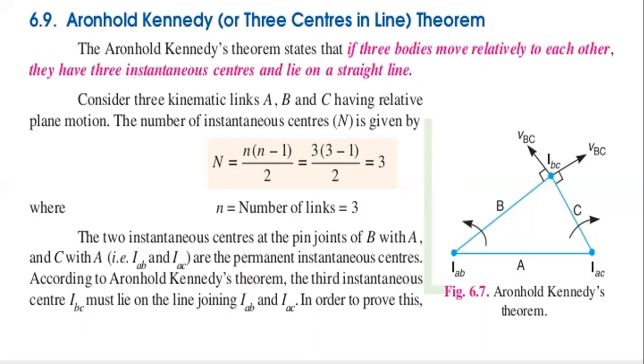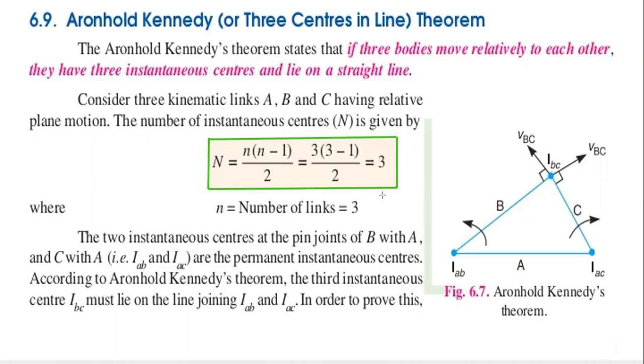The number of instantaneous centers is given by the formula we have already derived, capital N equals small n into n minus 1 by 2, that is 3 into 3 minus 1 by 2, which gives a total of 3.